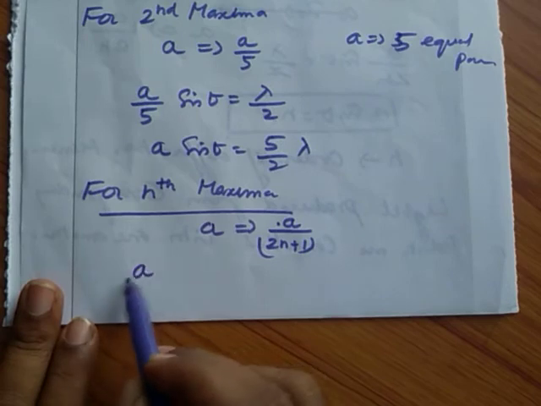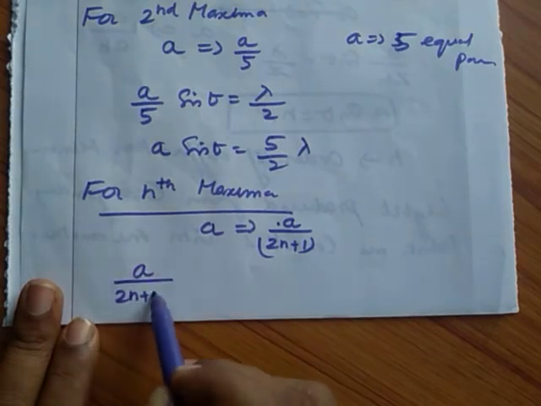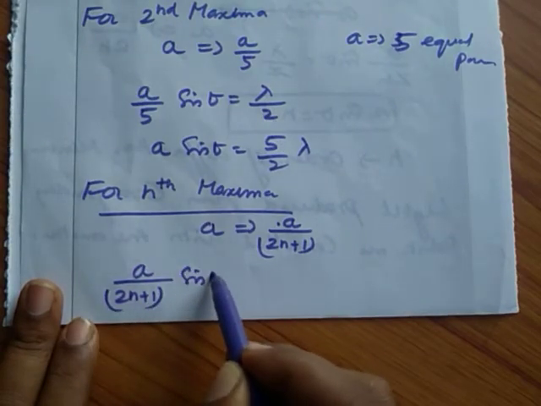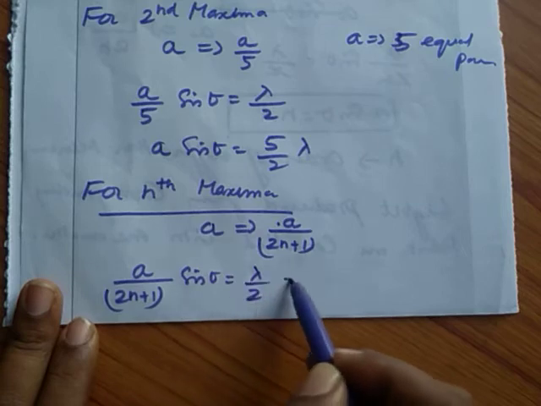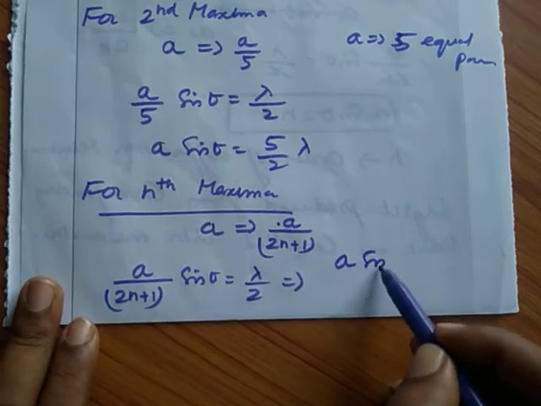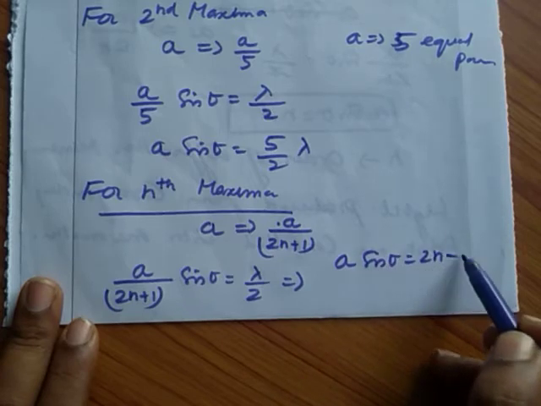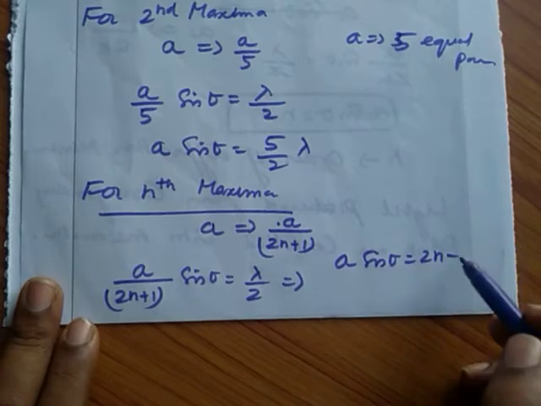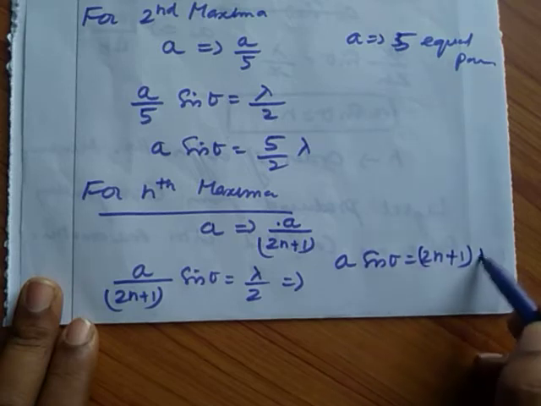We can write a by 2n plus 1 sin theta is equal to lambda by 2. After solving we get a sin theta is equal to 2n plus 1 lambda by 2.